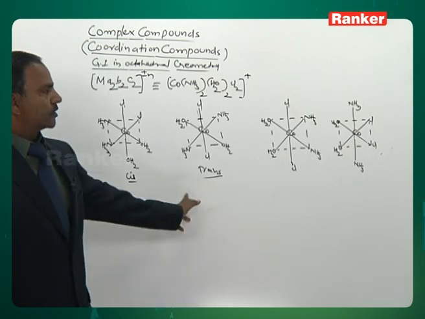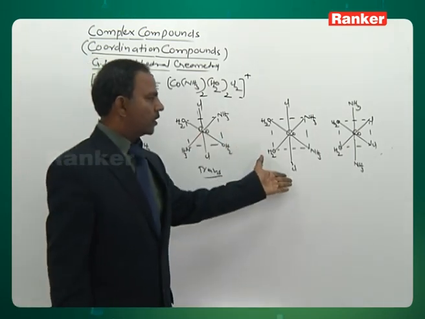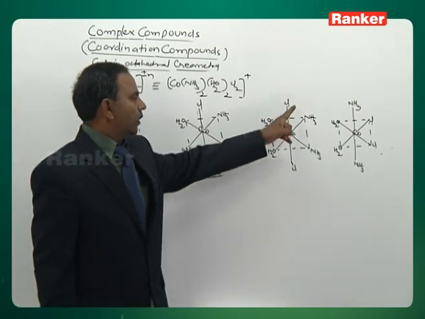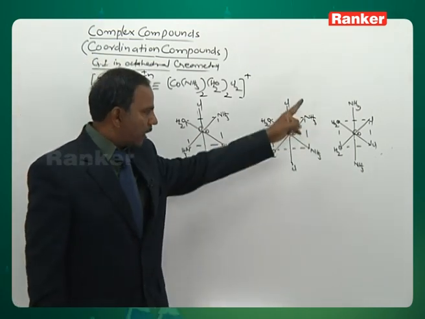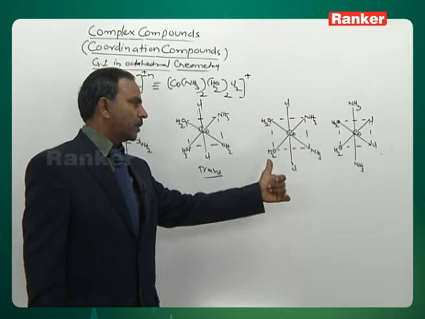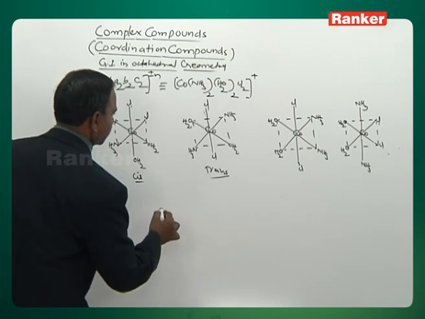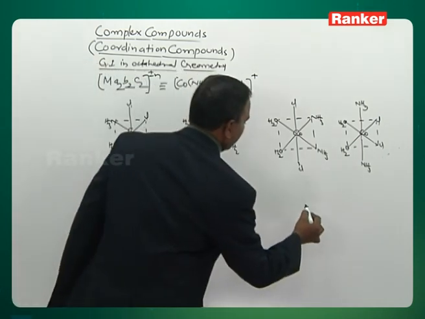I said theoretically 5 are possible. See, 2 are cis and trans, clearly written. And the third possibility and the fourth possibility. In each possible structure, what I did? The chlorides I put trans, the amines I put trans. Next, what option is left? Aqua ligands also I will keep in trans position. That you can say is the fifth structure.